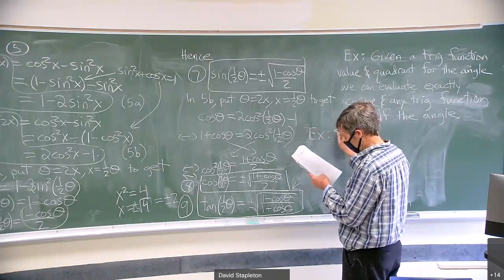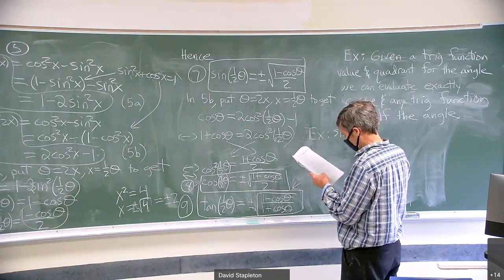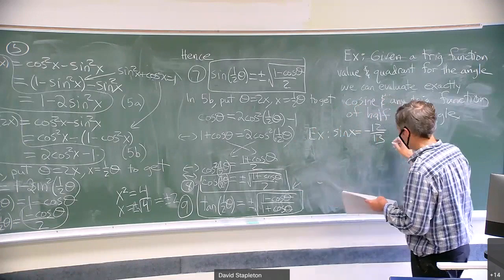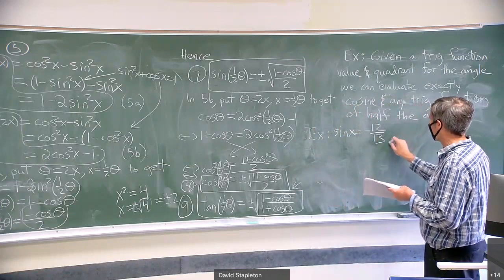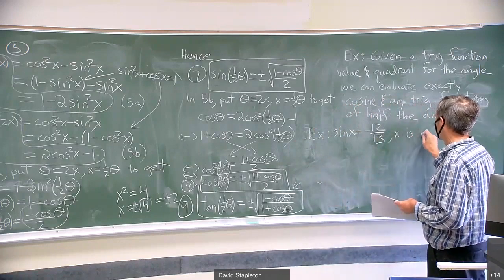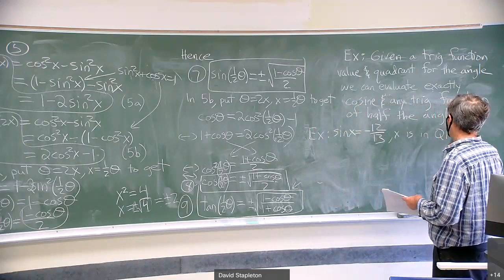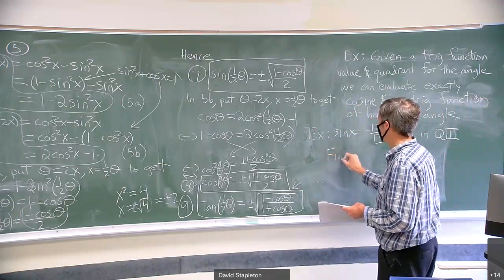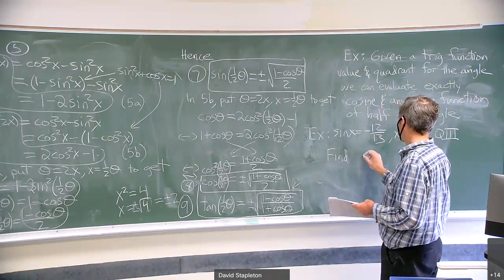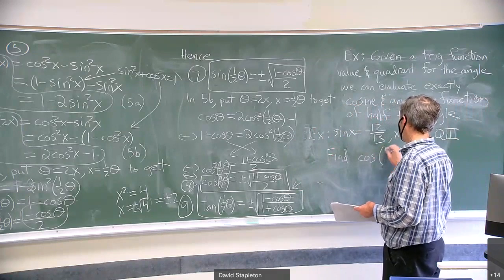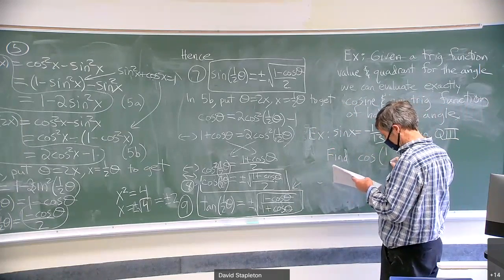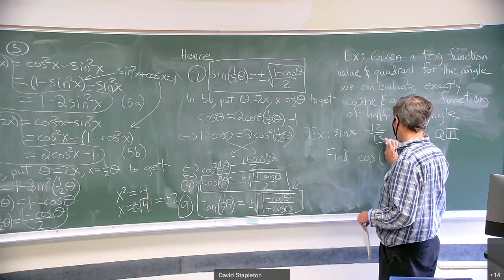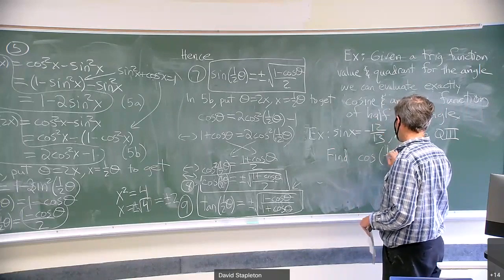Suppose that sine of x is minus 12 over 13 with x in quadrant 3. Let's find cosine. This one tells you to find all three. Let's just find the cosine of 1/2 x.